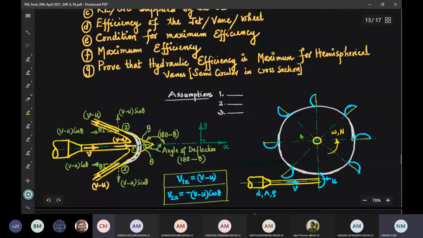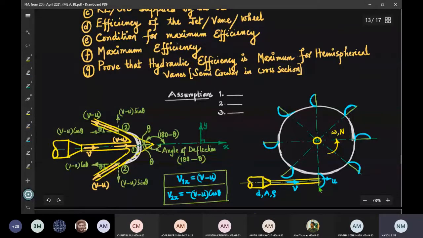So the wheel will rotate in anti-clockwise direction. Let the rotational speed of the wheel in revolutions per minute be n, and angular velocity omega. And we have our usual assumptions in all the cases of impact of jet on vanes.